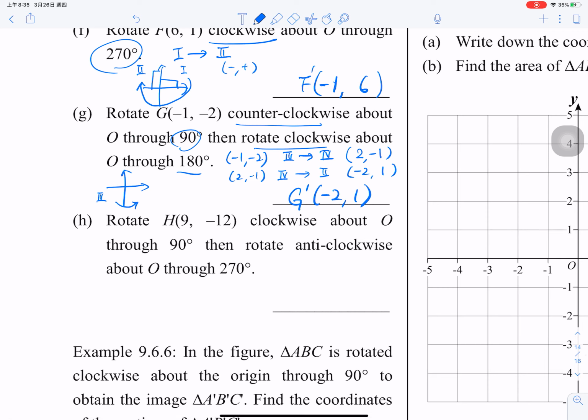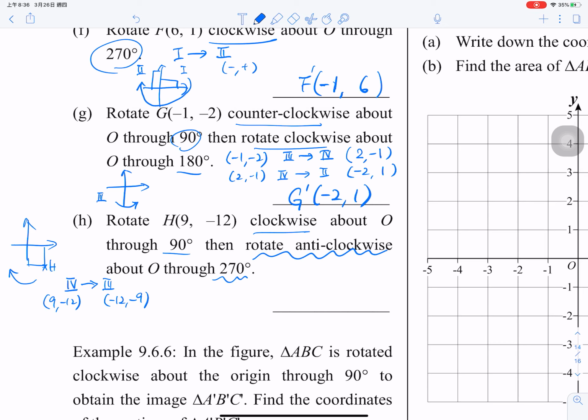H. Clockwise about O through 90 degrees, and then anti-clockwise 270. Here H lies in quadrant 4, right? 9, negative 12. Clockwise, that means like this, so quadrant 4 to quadrant 3. It becomes both negative: negative 12, negative 9.